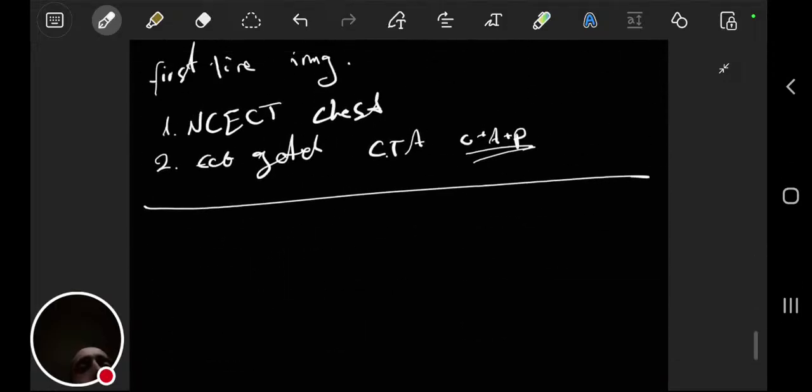So let's talk about each of them in order to understand each of them a little bit more. We start with aortic dissection, a very important entity. This is the first one of the three that we talked about: dissection, intramural hematoma, and penetrating atherosclerotic ulcer.